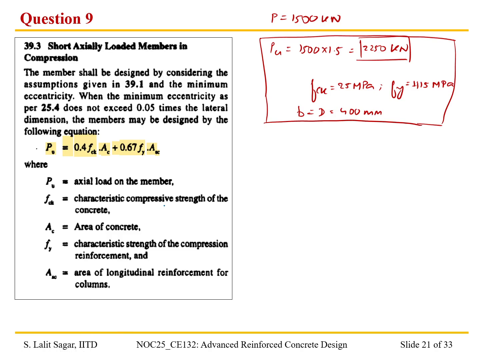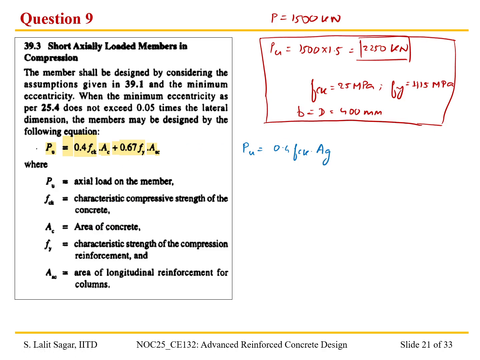Now we can rewrite this particular equation as follows. Pu is equal to 0.4 fck into Ac, where Ac is the area of concrete.